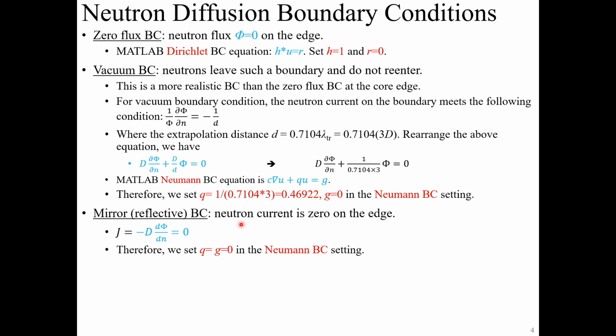And neutron current J is equal to negative D times d phi over dn, and it is equal to 0. Again, this one describes the neutron current, so we use the Neumann boundary condition. Then compare the Neumann boundary condition MATLAB equation with this zero current equation. We can see that both q and g are 0. Therefore, when you are setting the mirror boundary condition, simply choose the Neumann type and set q and g to both 0.